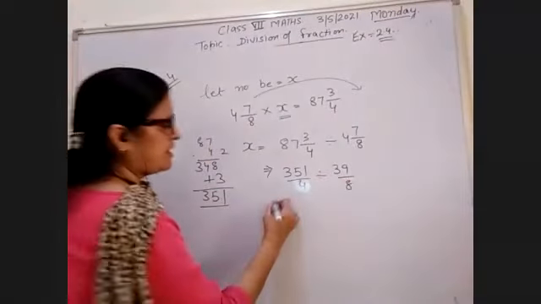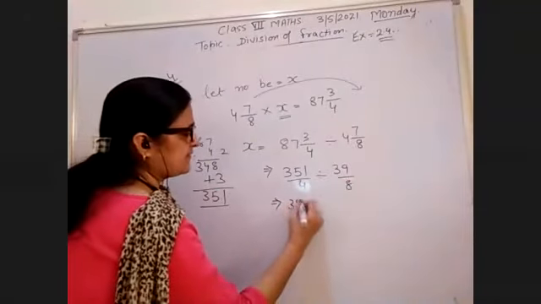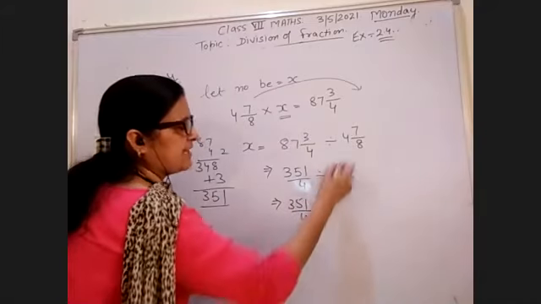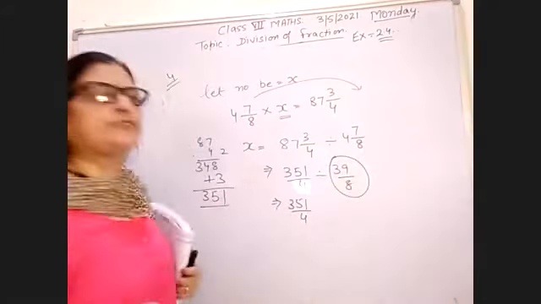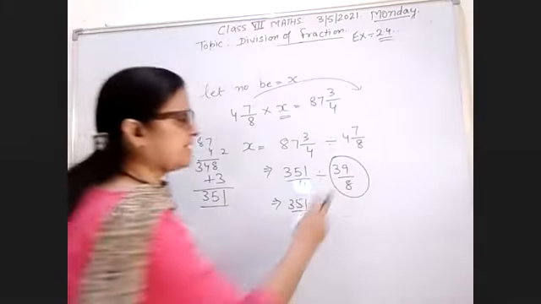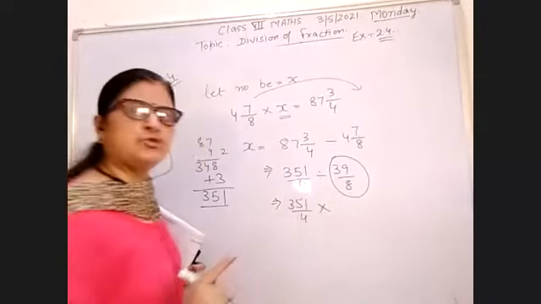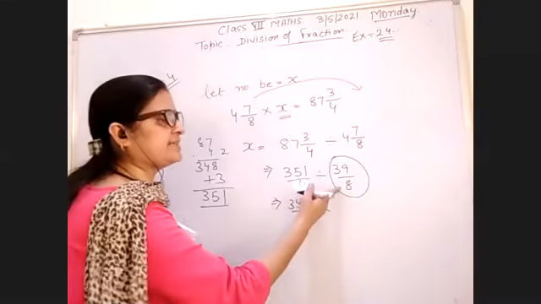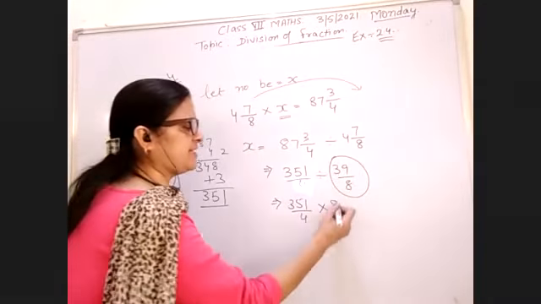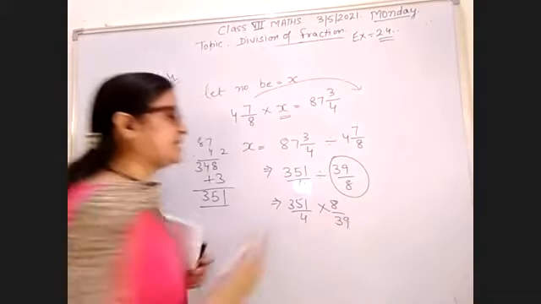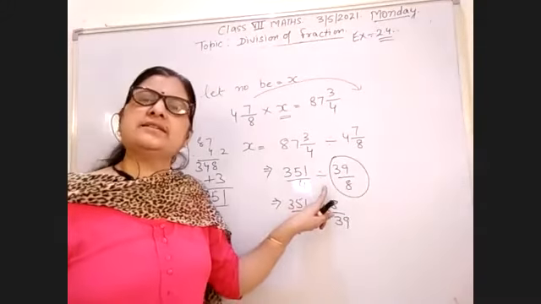Okay, then you get the answer by taking the reciprocal of 39/8. 39/8 का reciprocal, division sign is changed into multiply, and you have to take the reciprocal of 39/8. You will get 8/39. आप डिवाइड करके कट नहीं कर सकते.